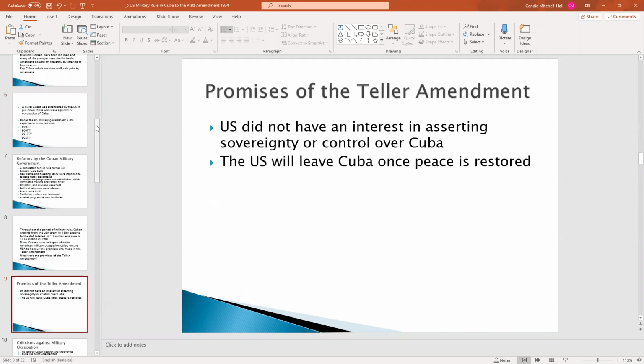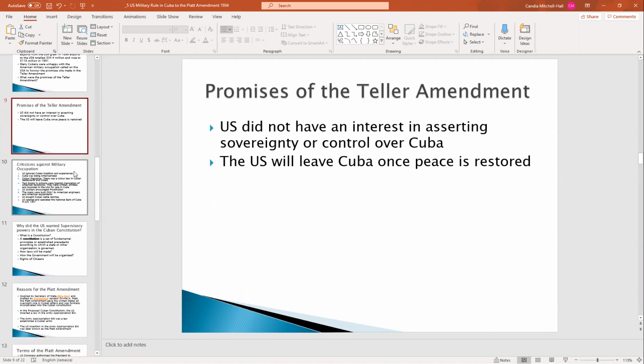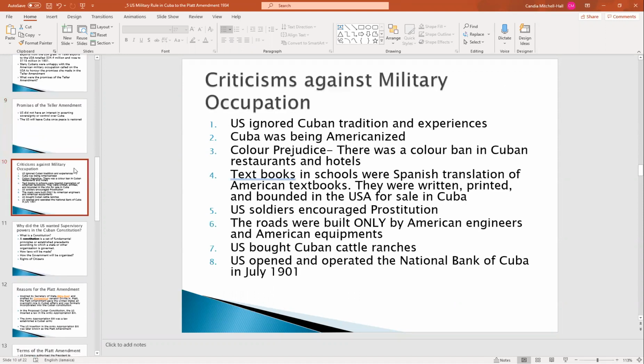And so right now, Cubans are going to start to criticize the military government. Now, what are some of the criticisms that they are going to have?